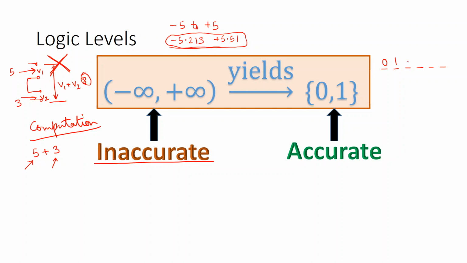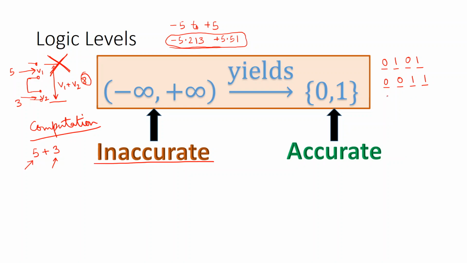Like 5 will be 10101. Suppose these two are not here, or we don't need this here. And for 3 we use this set of 4 places, which are called bits, and we set up the voltages here in such a way that we get 0011.